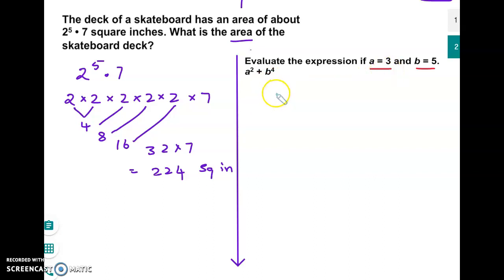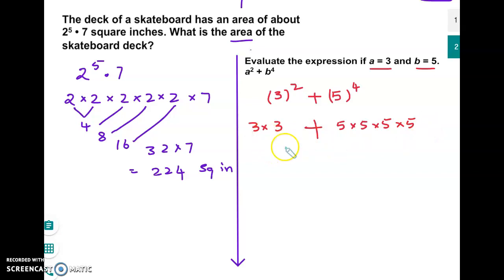So a is 3, so I can write 3 to the 2nd exponent plus b is given 5, so I'm going to write 5 to the 4th exponent. As we know, 3 to the 2nd exponent means 3 we multiply 2 times, plus 5 to the 4th exponent means 5 times 5 times 5 times 5. The 4 will tell you how many times we need to repeatedly multiply.